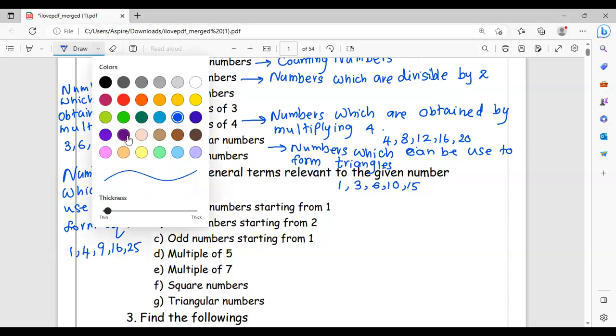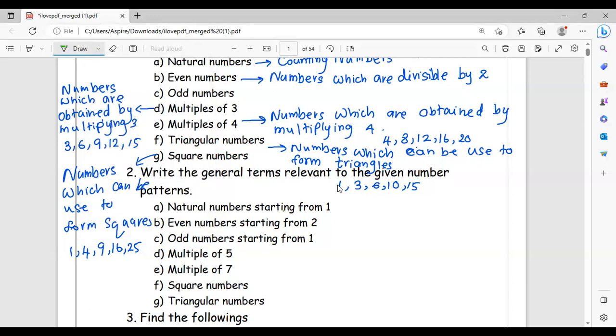Then next you are asked to write the general term relevant to the given number patterns. Natural numbers starting from 1: the general term of this one is n. That means just n. Natural numbers are 1, 2, 3, 4, 5, 6, 7, 8.